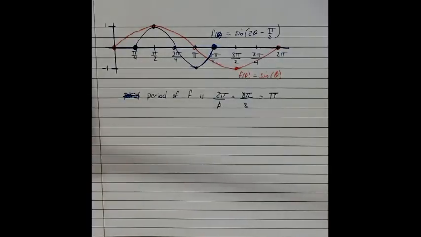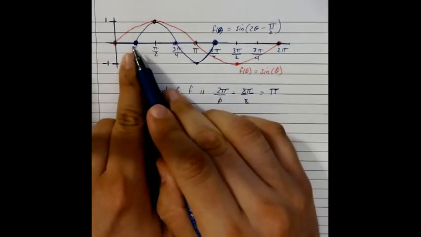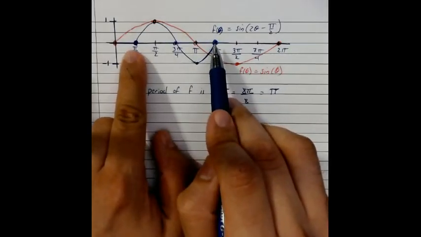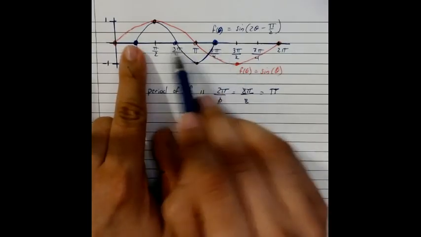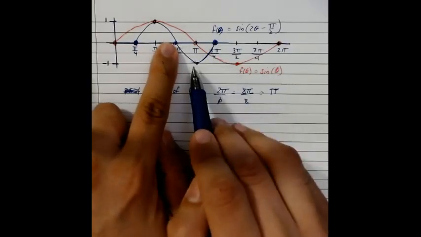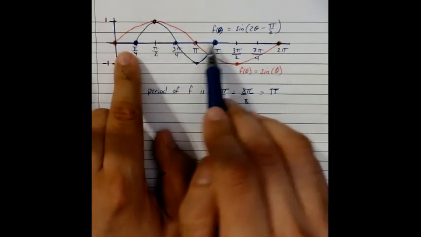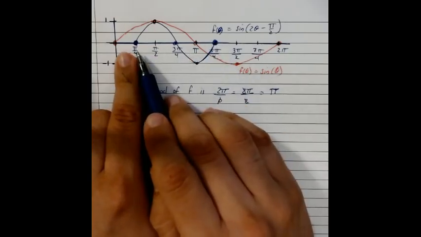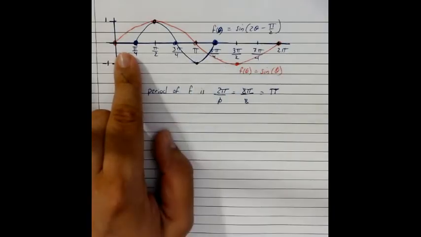And there we go. Here's our graph. Note that from here to here is one period. This should be halfway in between those, and this should be halfway in between these, and this should be halfway in between these. Here, the numbers worked out really rather nicely: 1 pi over 4, 2 pi over 4, 3 pi over 4, 4 pi over 4, 5 pi over 4.